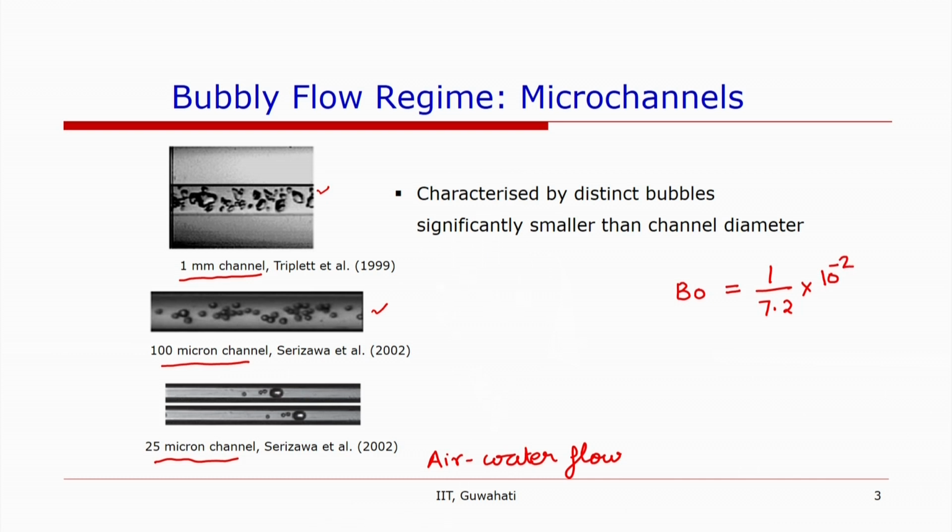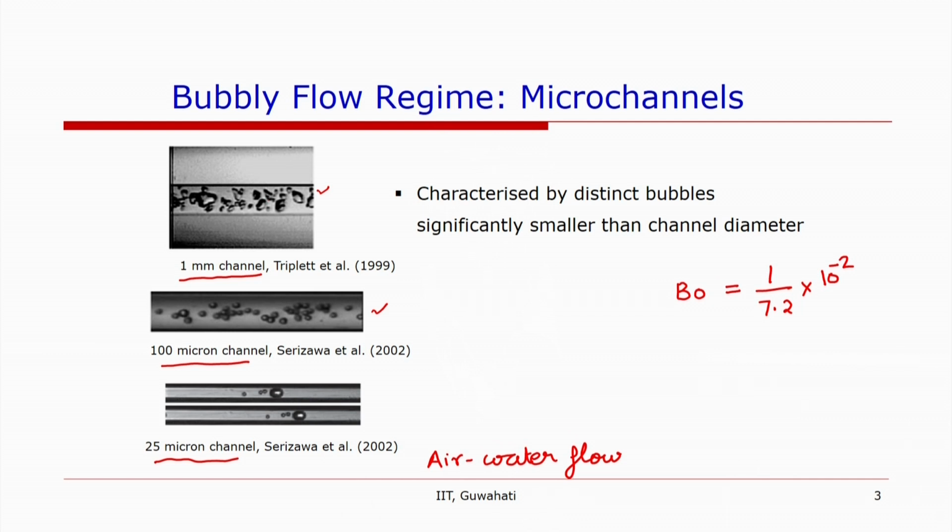So, the gravity will not be important and surface tension will be dominating, and you see all these bubbles to be spherical. In 1 mm channel, one sees that there are bubbles, but these bubbles might not necessarily be of a spherical shape. Some of them which are small might be of spherical shape, but it is not clear from the image. But larger bubbles clearly are not of spherical shape.